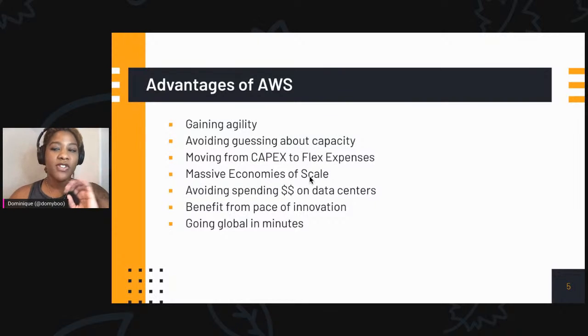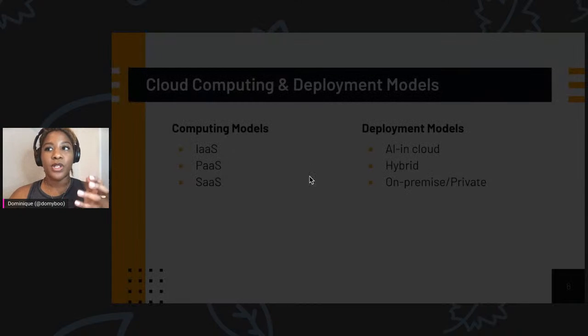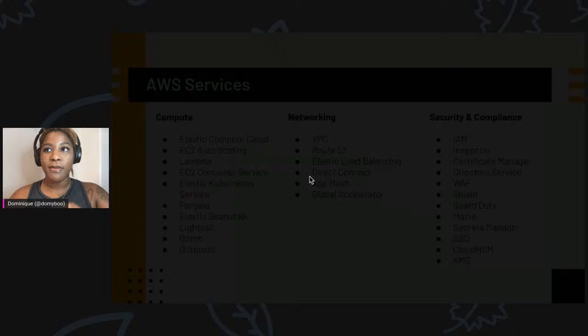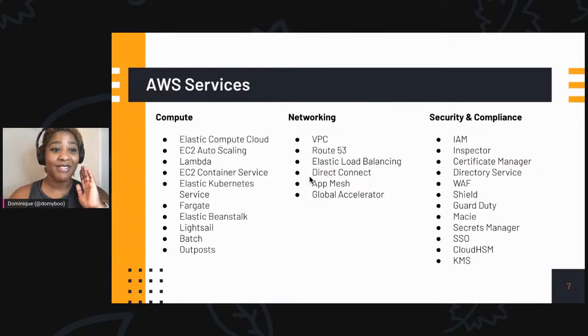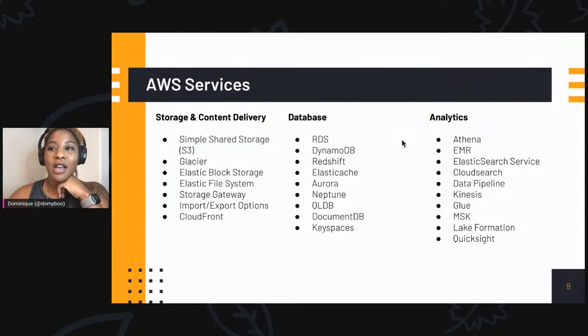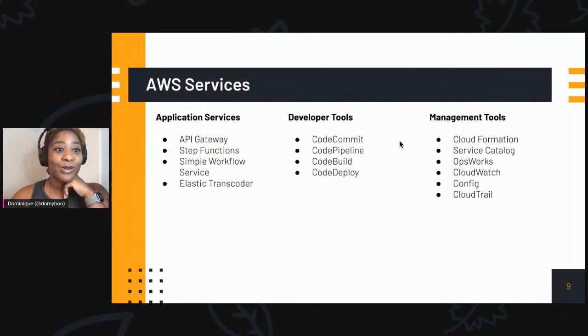So we had some advantages of AWS, what the different cloud computing and deployment models are, and they list all of the AWS services, and I realize how many services they have. It's a lot, and it's broken down into different categories: compute, networking, security, and so on. Thankfully, you don't have to memorize all of them, but you should know a good majority of them for the exam because they go through a lot, okay?